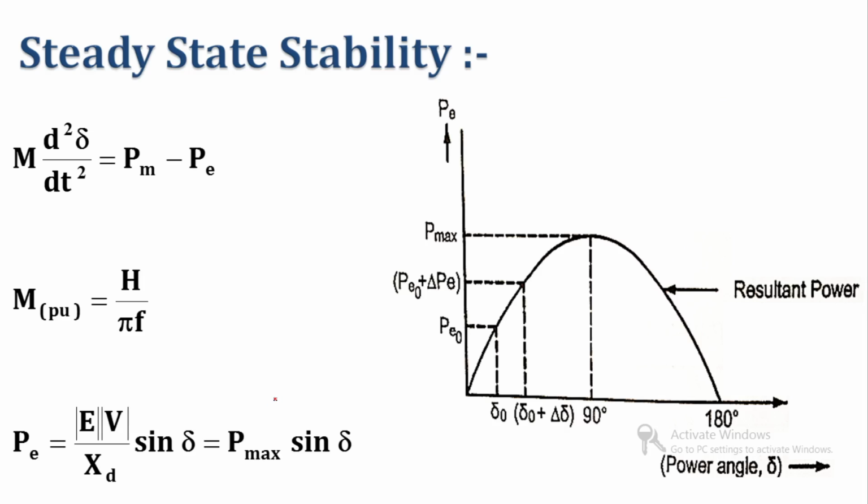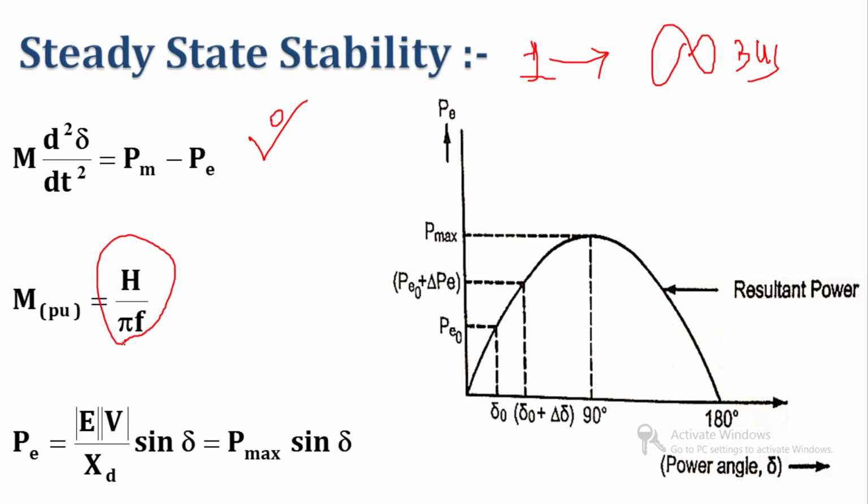So consider a single machine. Clear? Consider the single machine which is connected to an infinite bus. For that particular machine connected to the infinite bus, the swing equation is given by M d square delta by dt square is equal to Pm minus Pe, where M is the angular momentum of the machine, given by H upon pi f.